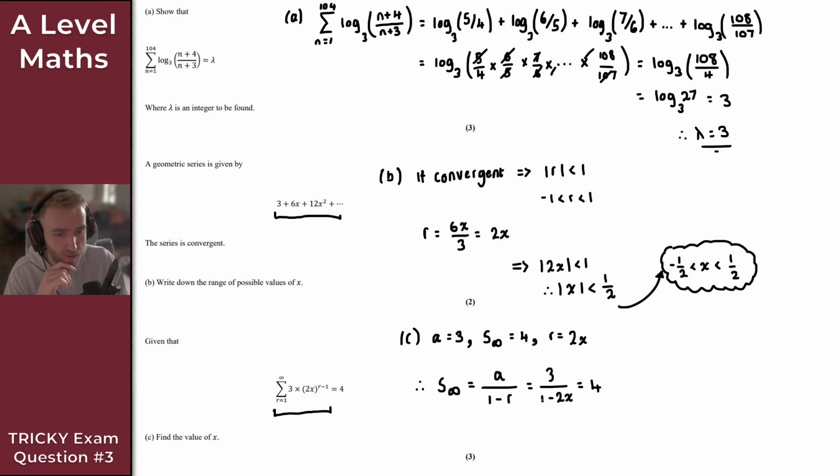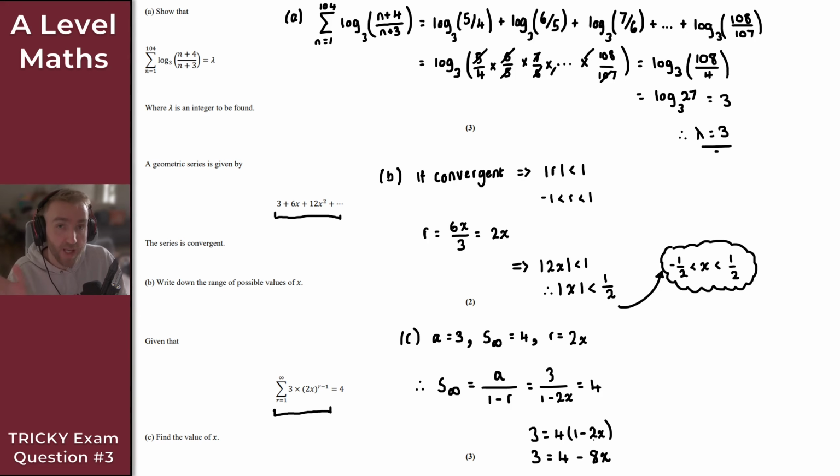So just times both sides by 1 minus 2x. So I get 3 is equal to 4 lots of 1 minus 2x here. So expand this single bracket here with a term on the outside. I get 3 is equal to 4 minus 8x here.